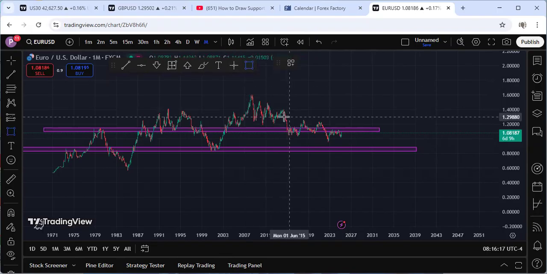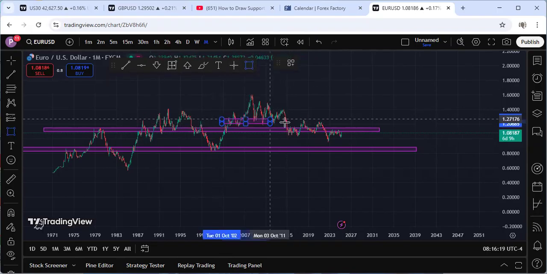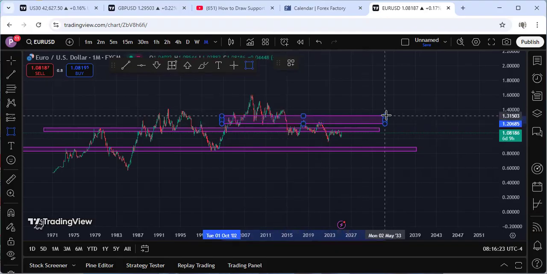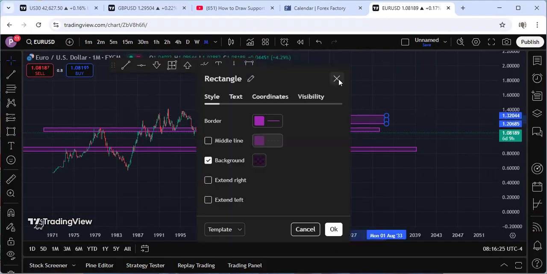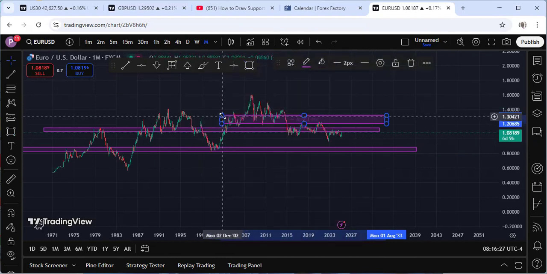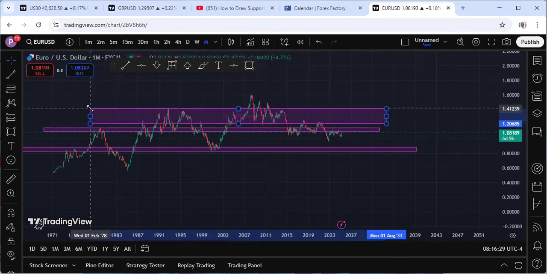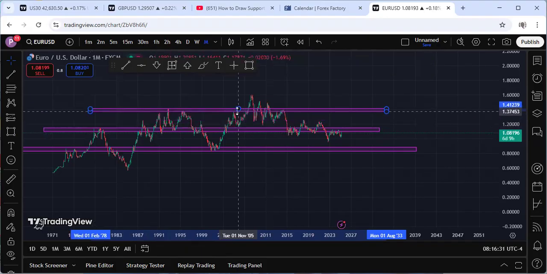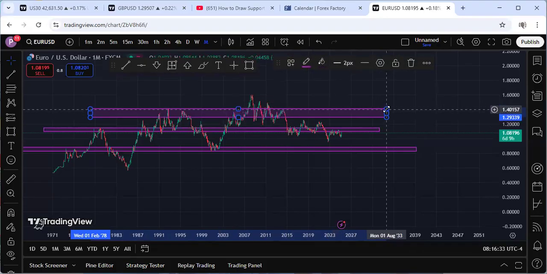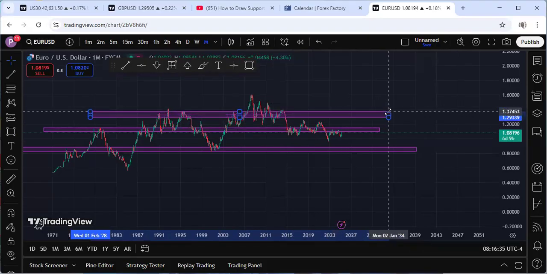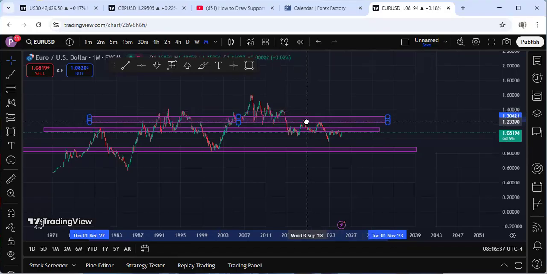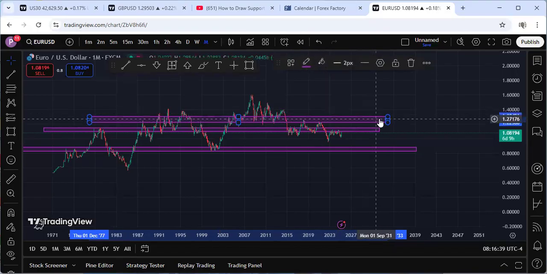Come here again. You map out a key level here. Look at it here. Yeah, here is a level.